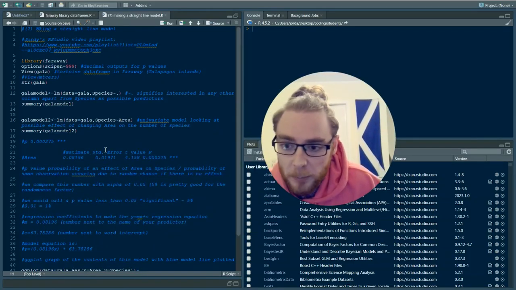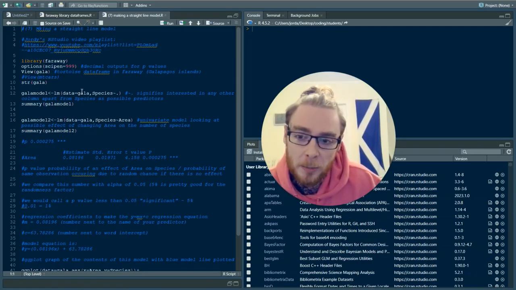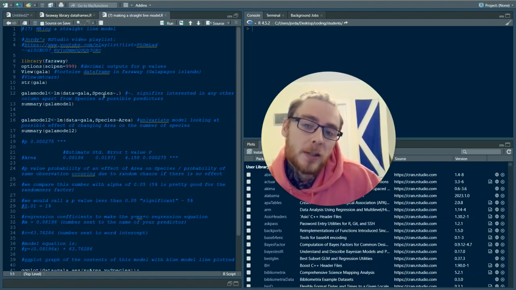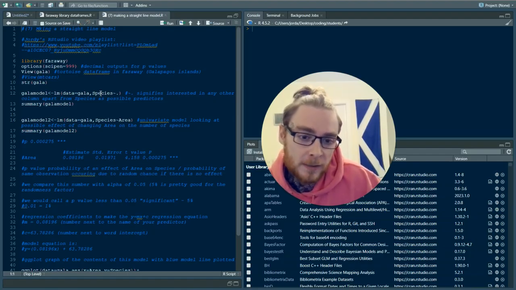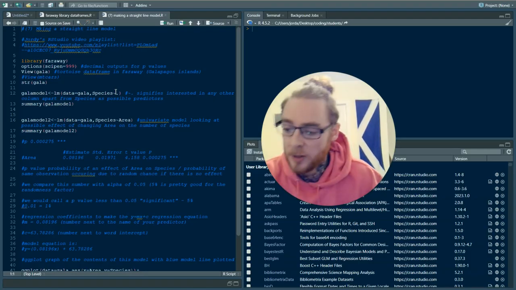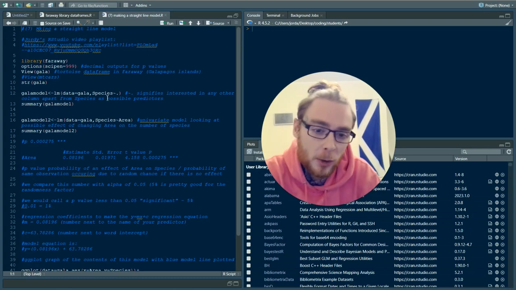And we produced a couple of straight line models, which firstly were interested in every single column besides the response column as being predictors. The response column in that data frame was species, and then you can do squiggly line dot to include all the other columns if you think that there's a reason to include all those columns in your model.